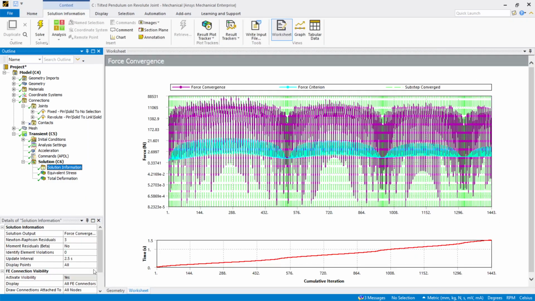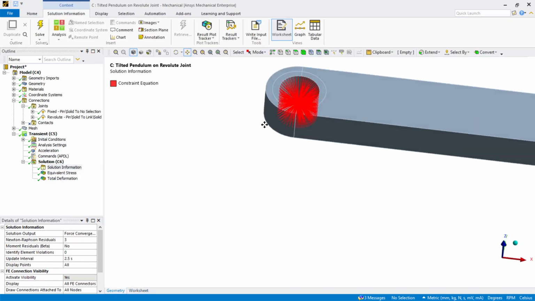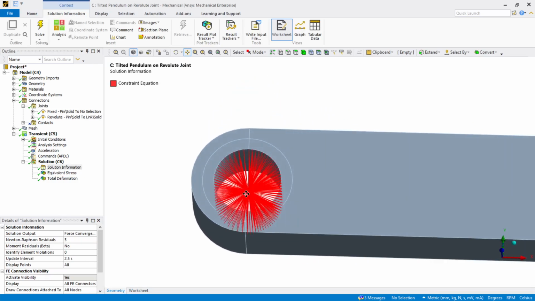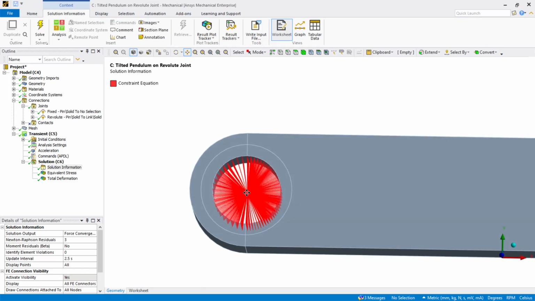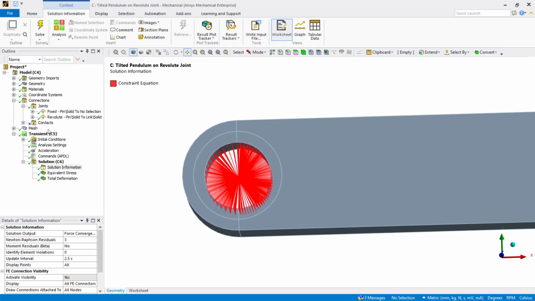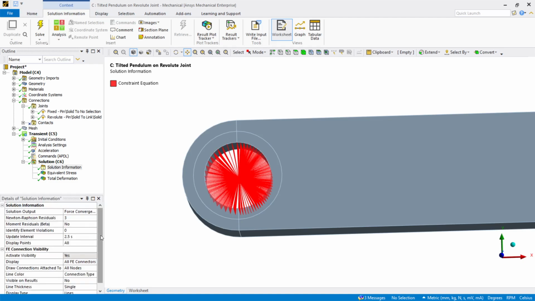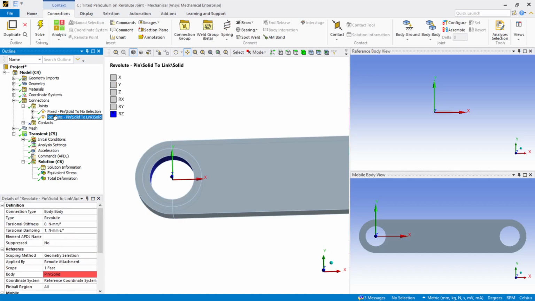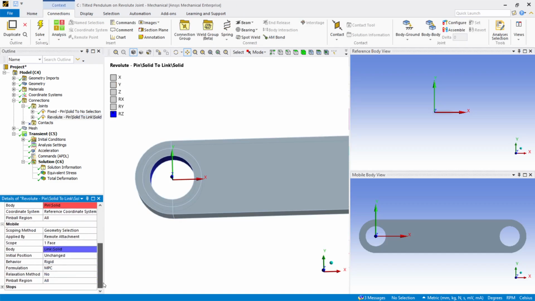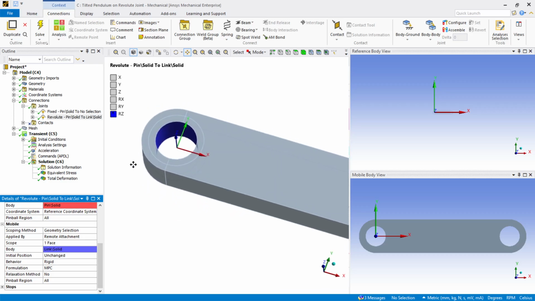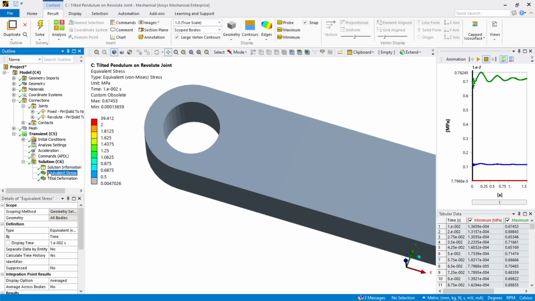realistic. If we look at how the revolute joint works, there's one node at the center, and that node has a spider going to every node in the hole, and those spiders are defined as rigid. So the whole circle there, the inner face, is a rigid body, and therefore the stress is not rendered very realistically.